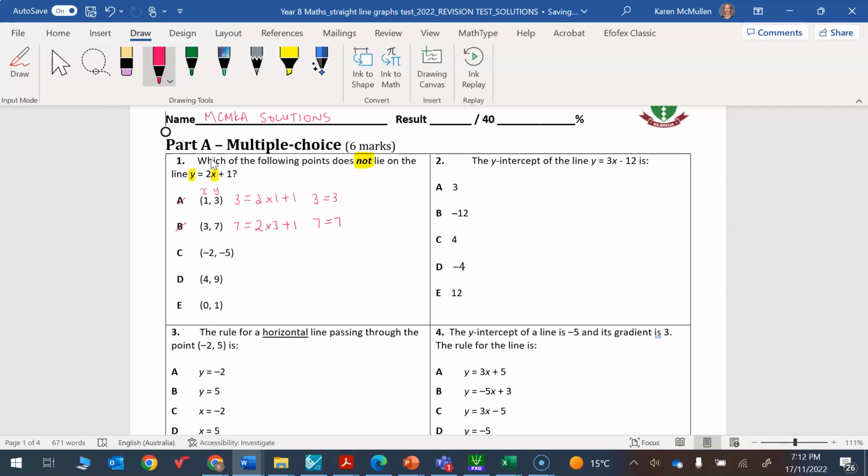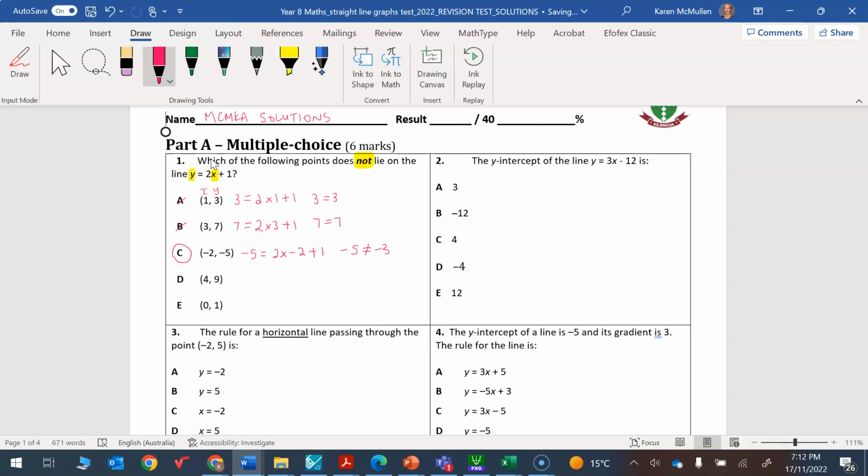All right, let's do substitution for C. -5 equals 2 times -2 plus 1. So 2 times -2 is -4, plus 1 is -3. So -5 does not equal -3.